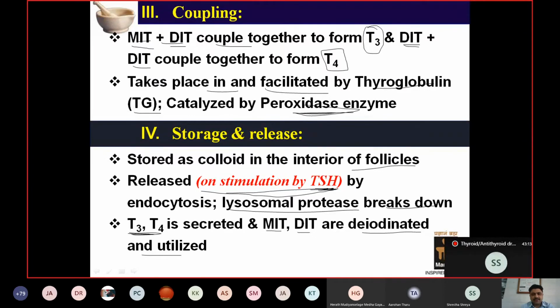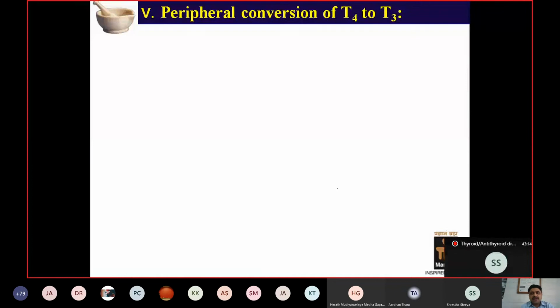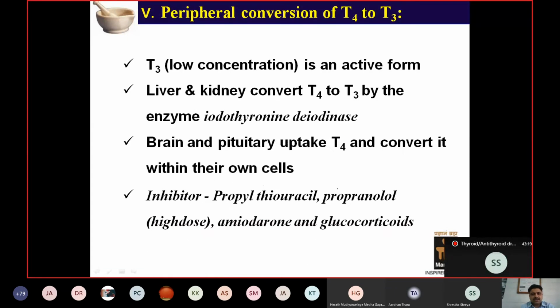and T3 and T4 will be released. Especially T3 is released in very low concentration, but remember T3 is the active form. This is the hormone which produces the immediate action.